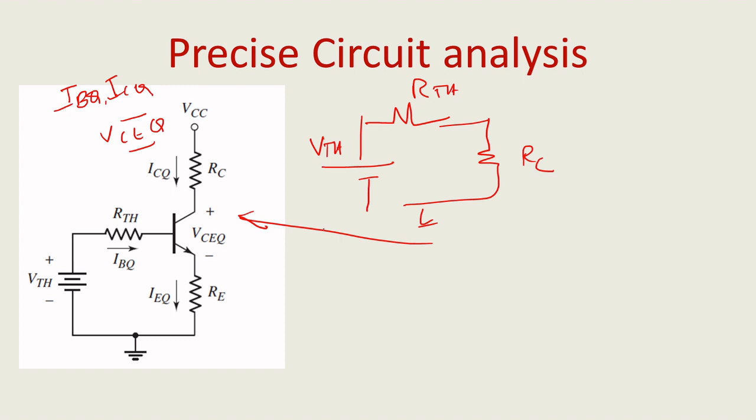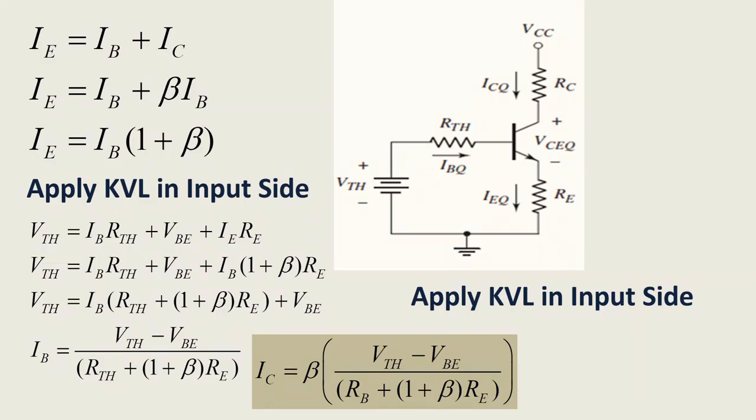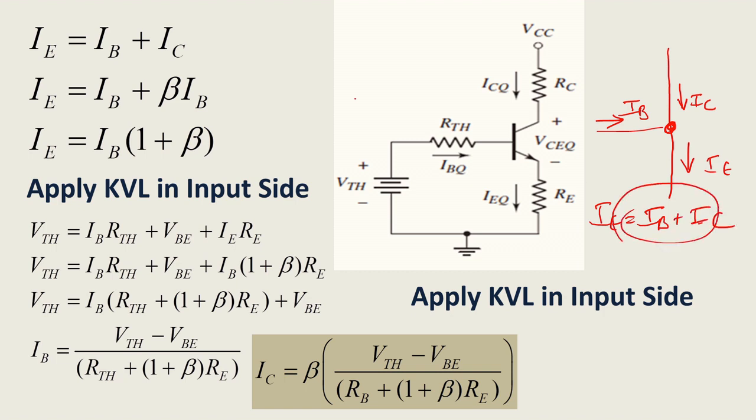Now we want to find what is our IB, ICQ and other terms. First we will find our emitter current. So I will draw like this. This is your IB current, this is your IC current, and this is your IE current. See, for this node, this is entering, this is entering, this is outside. That means IE equals IB plus IC. So that's what I have written here.